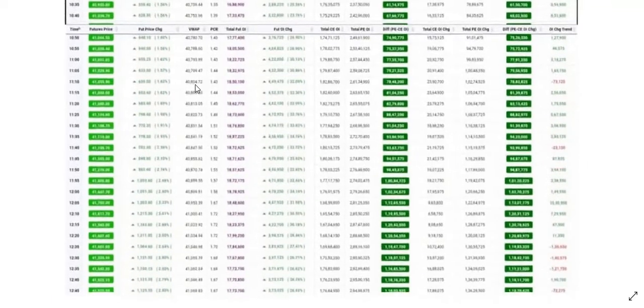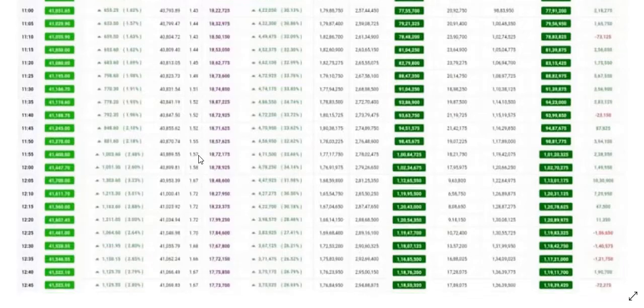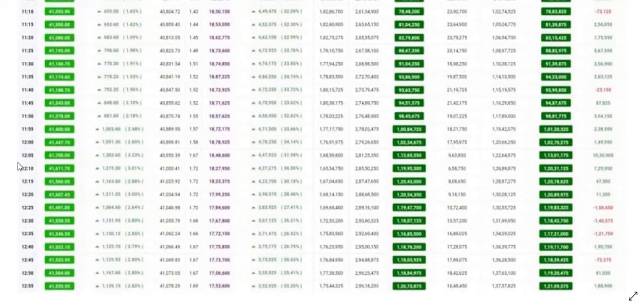So I was having a look at these values of PCR, and all of a sudden, after 11:45, PCR started rising. I'm not sure if you can see the values clearly over here, but right now where my mouse is, the PCR value is 1.52. After that, it went 1.55, then 1.57, and eventually between 12 o'clock and 12:15, it was trading at 1.72.